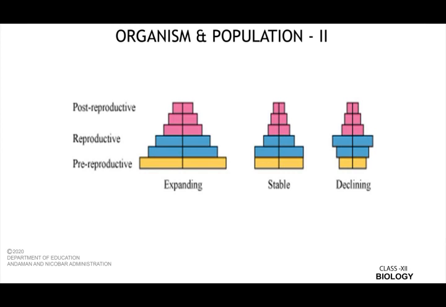In case of Japan, the government gives incentives if the couple have a second child, and if the couple have a third child, they'll get more and more incentives. Government tries to help the people either to control the population or to increase the population by giving various incentives. The shape of the pyramid reflects the growth status of the population.